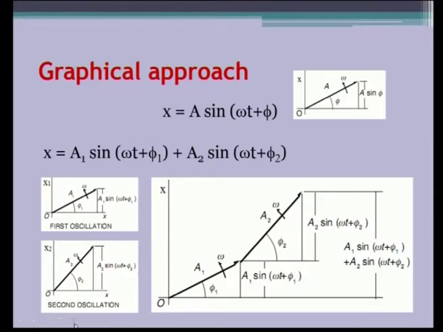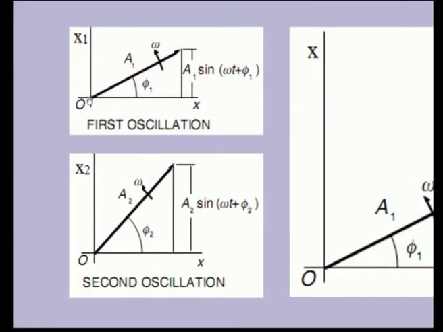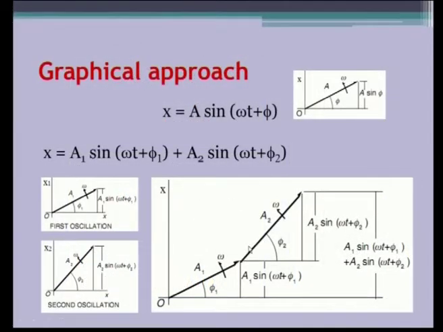Let us have a close look at them. The first oscillation with a1 and phi 1, second oscillation with a2 and phi 2 are shown here. Just for simplicity's sake, we have assumed the two rotate with the same angular frequency omega. Now, what about the combination of these two, how to graphically combine them?